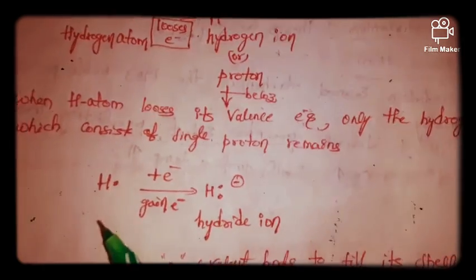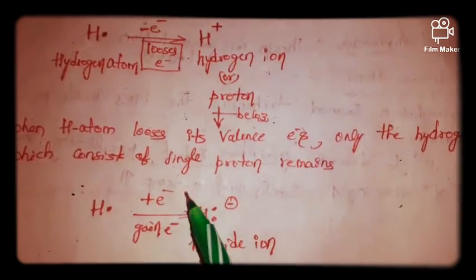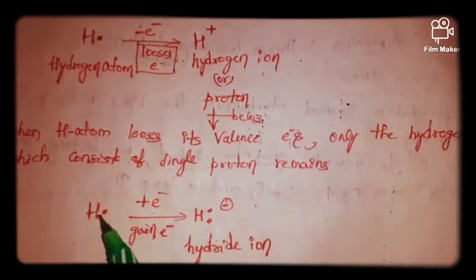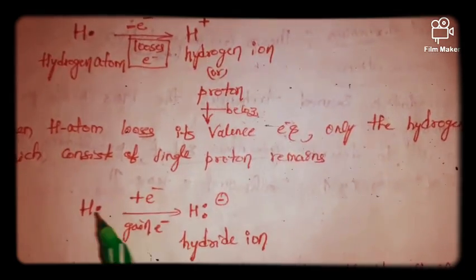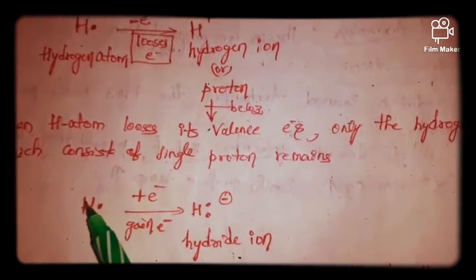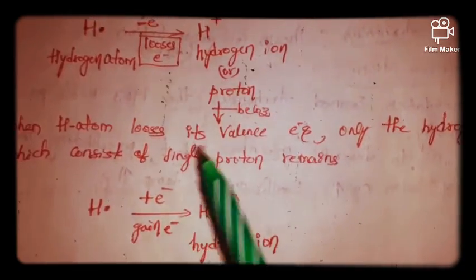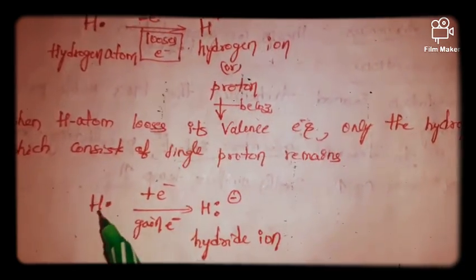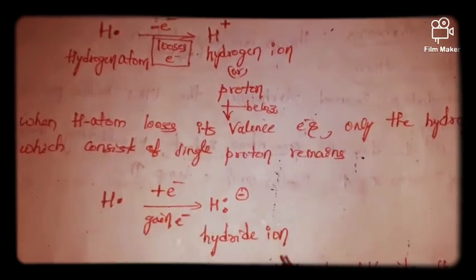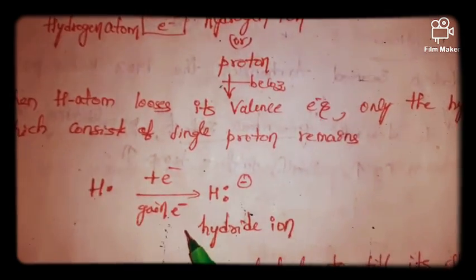If we add an electron to this particular hydrogen atom, it will get a negative charge, because we are adding an electron, and this is called a hydride ion.